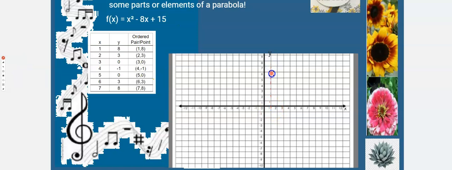Then locate 8 sa y-axis, and mag-broken line pod ta. Mag-abot na ang broken lines from x equal to 1 and y is equal to 8. So, ready na ta nga mag-plot sa point 1, 8. So, mao ni ang 1, 8.